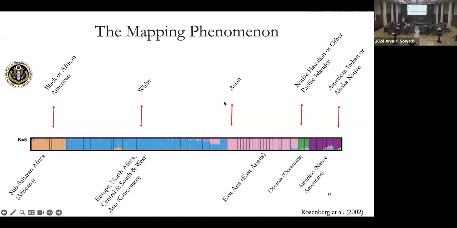So this is a racial scheme that population geneticists funded by the NIH were very familiar with, and they said, hey, this looks like there's a one-to-one mapping to at least the K=5 level of substructure.